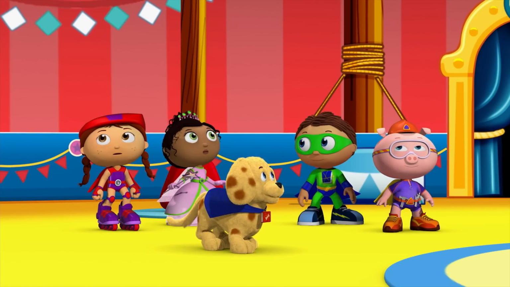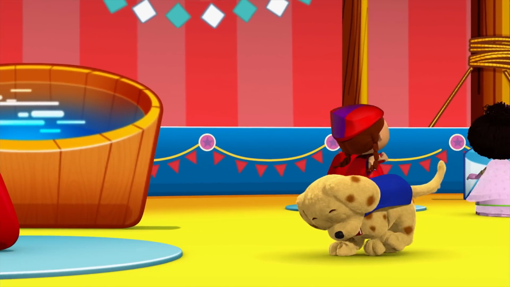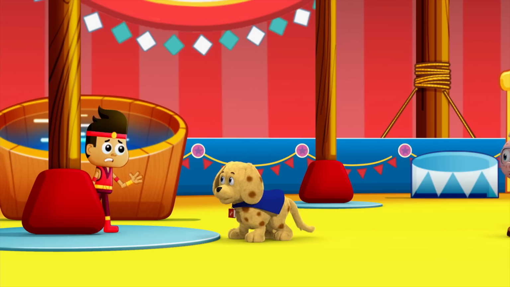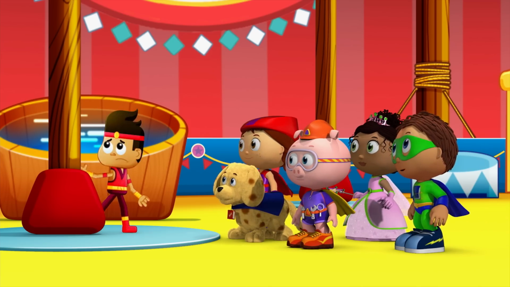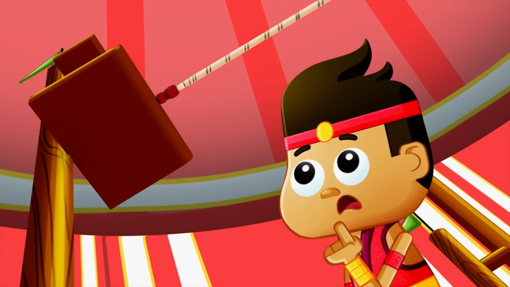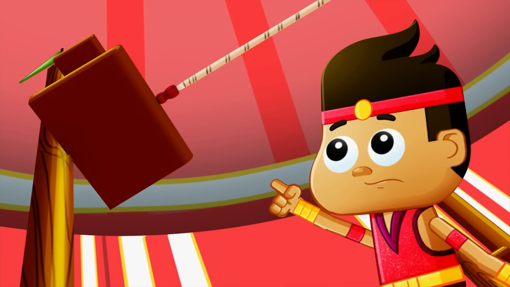Where's Landon? I don't see him. Here. Hi, Landon. Why are you hiding? I was so excited to be in the circus and walk the tightrope, but it's so high. Look at it.